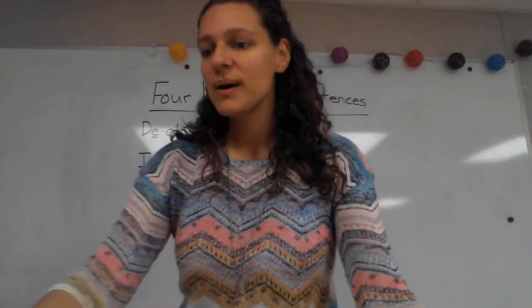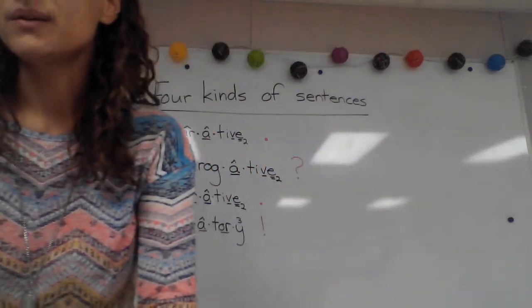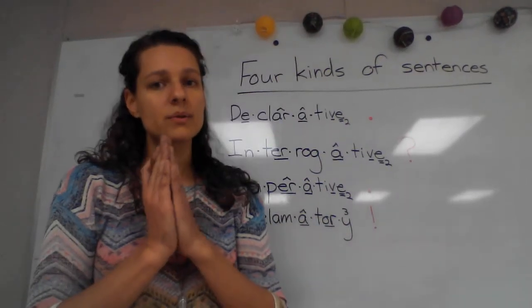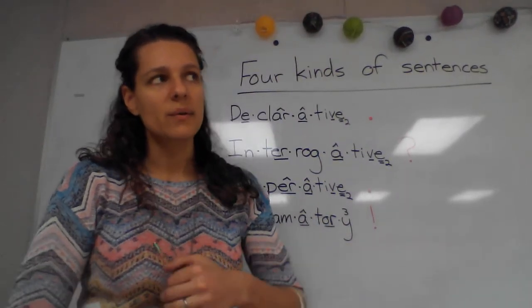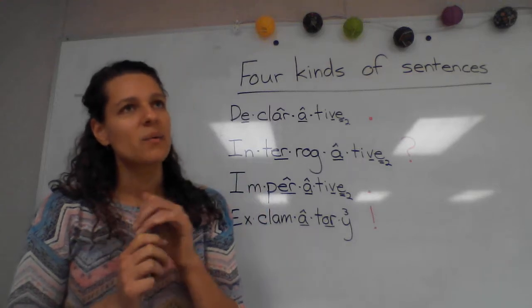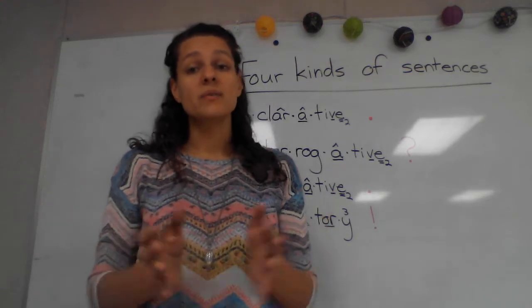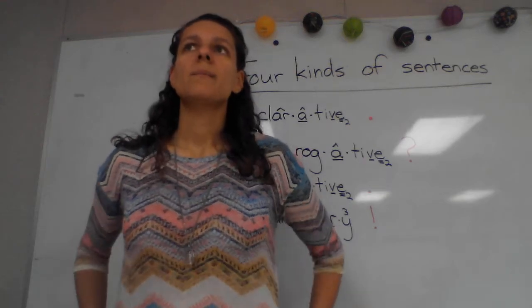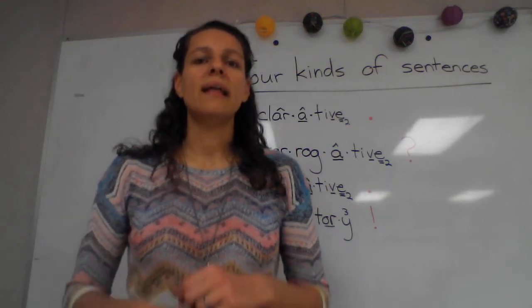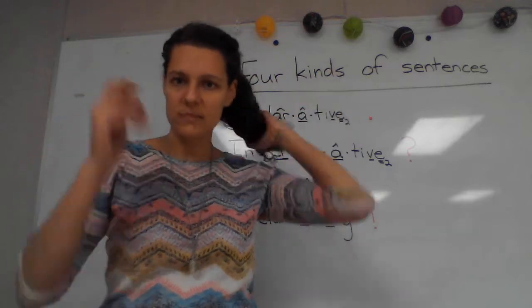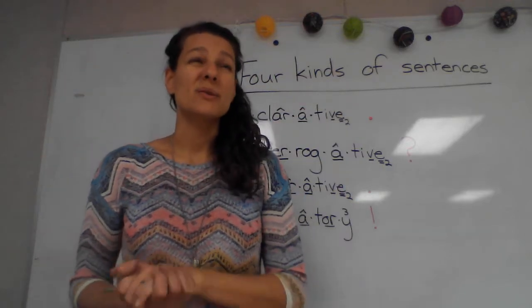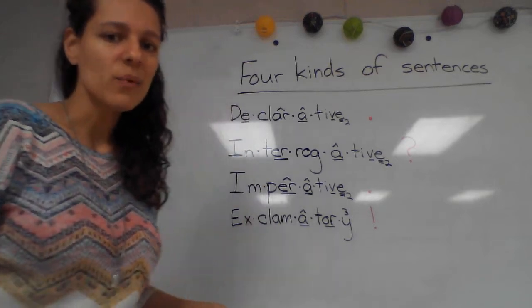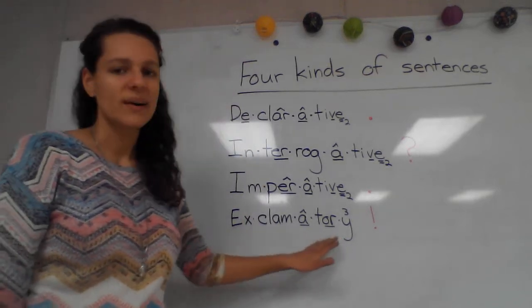All right, so what I would like you to do is look at the papers we've been working on this past week. So if they're thrown away, then just do your best or try and pick words that you can spell. But I want you to write an exclamatory sentence.